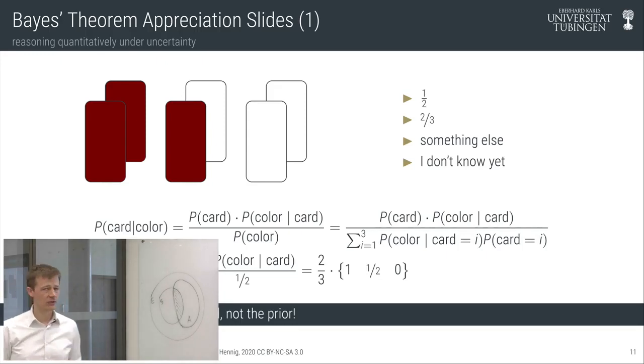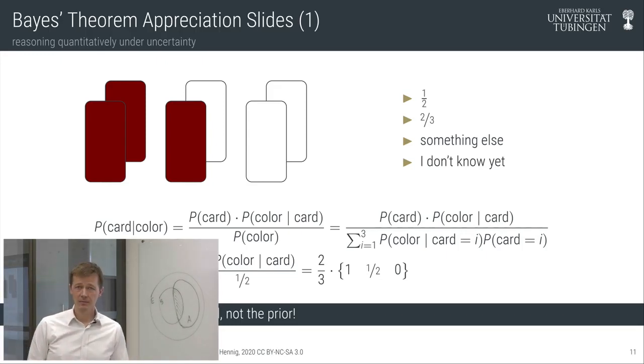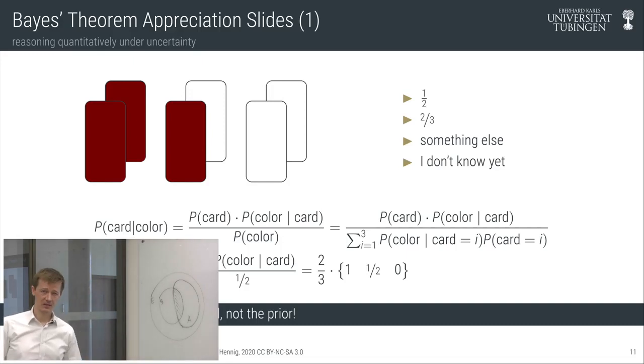And the question was, what's the probability, given that you see a red side, that the other side is also red? I gave a simple explanation for how you could do this in an informal way. You could notice that there are 3 red sides, and 2 of them have red on the other side, so the probability must be something like 2/3. Let's see whether Bayes' theorem reconstructs this result.